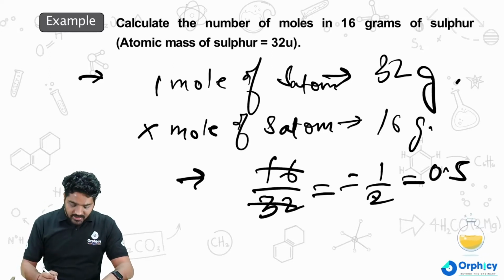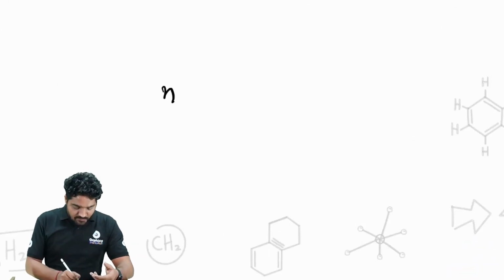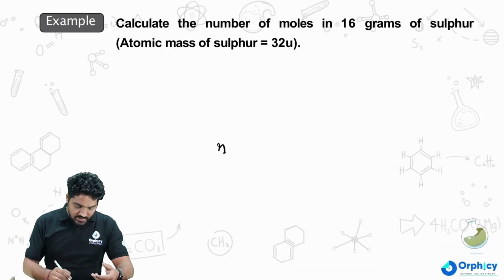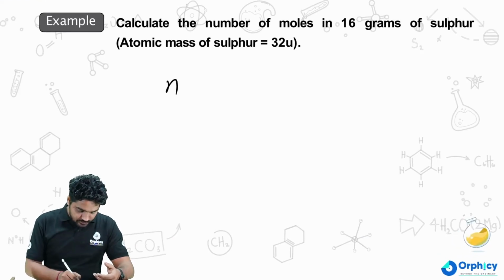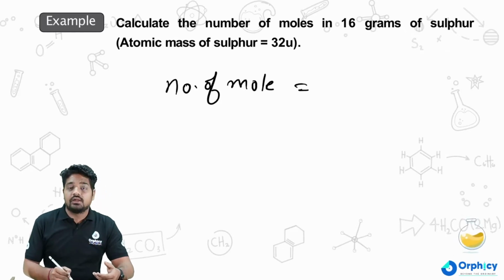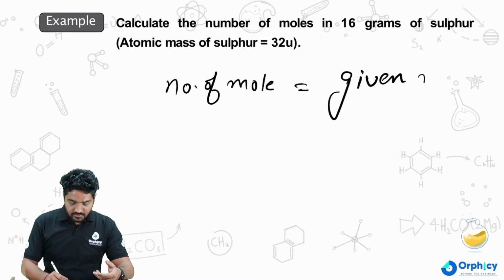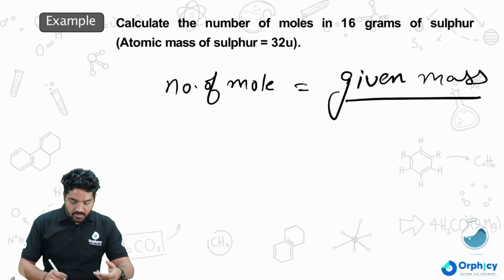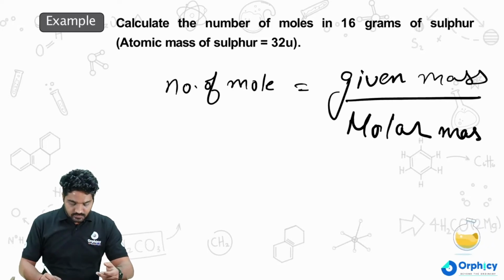So from here I can simply derive a formula. If I have to calculate the number of moles, I can simply calculate it by the given mass upon the molar mass. The molar mass is what the molar mass of the element or the compound is, right?